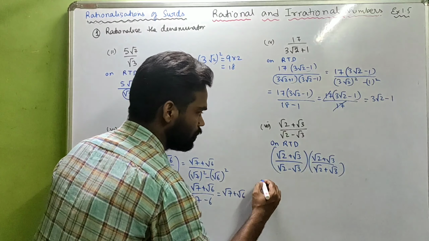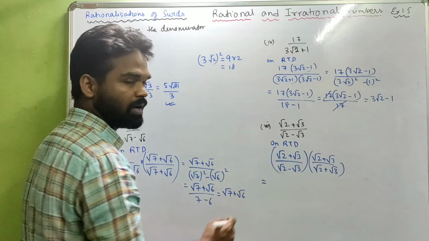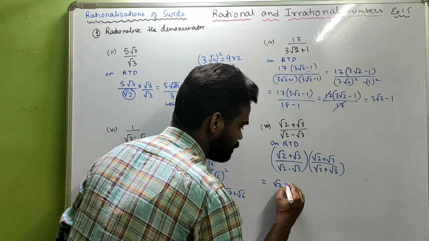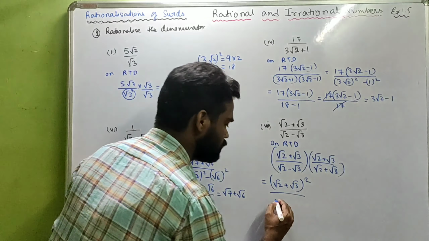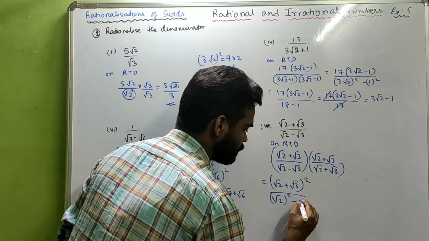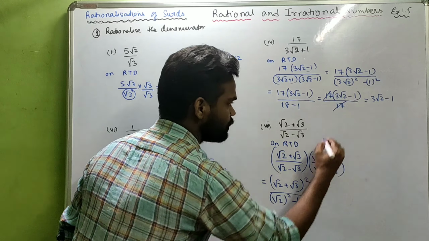Okay. Now look carefully. (a plus b) multiplied by (a plus b) is nothing but (a plus b) whole square. And in the denominator you have root 2 square minus root 3 square. Am I clear?